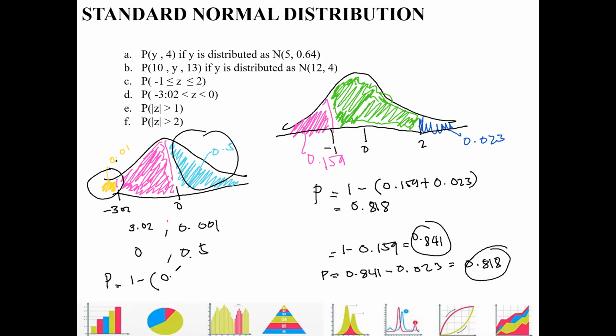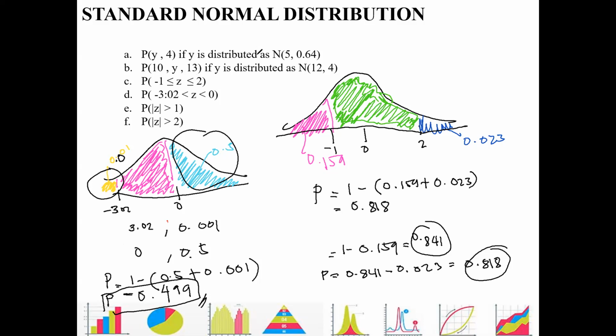So 0.5 plus 0.001. Okay, what is the value? 0.499. Tama ba? Opo, sir. Okay, so 0.499.